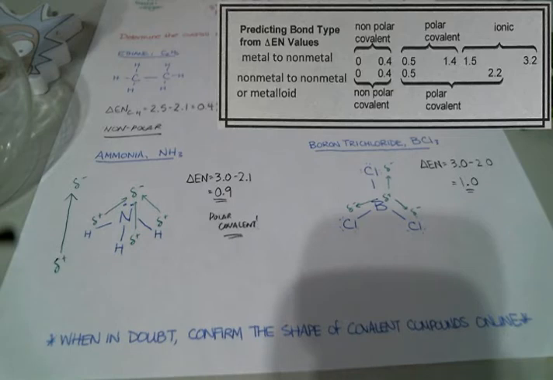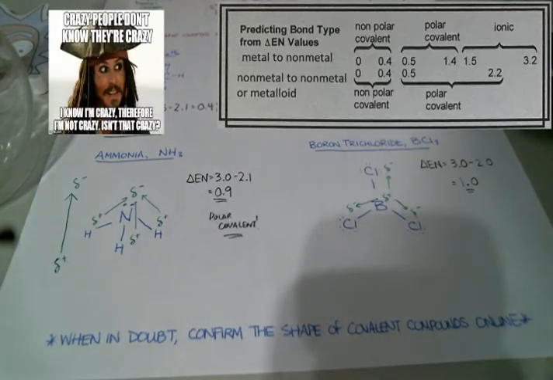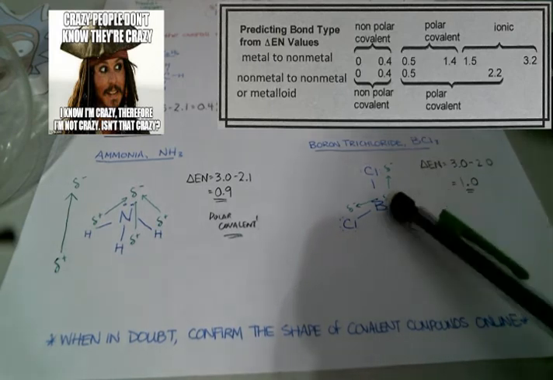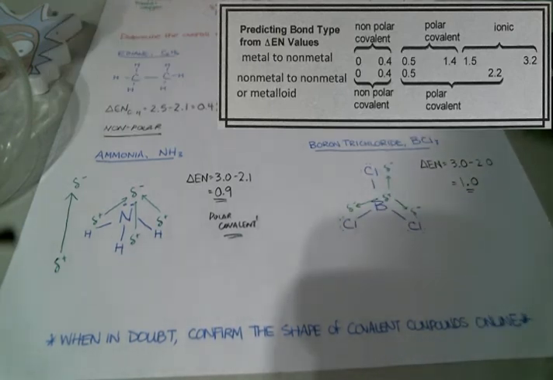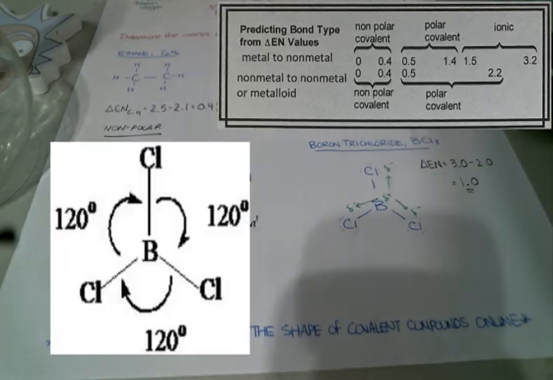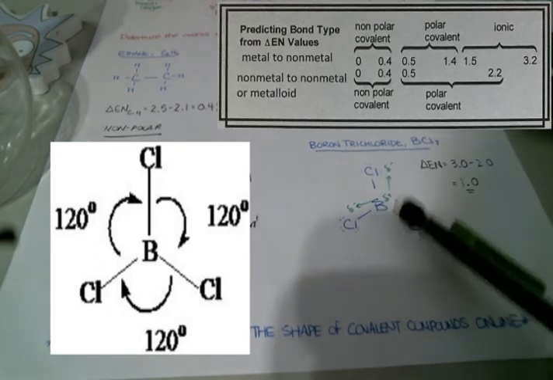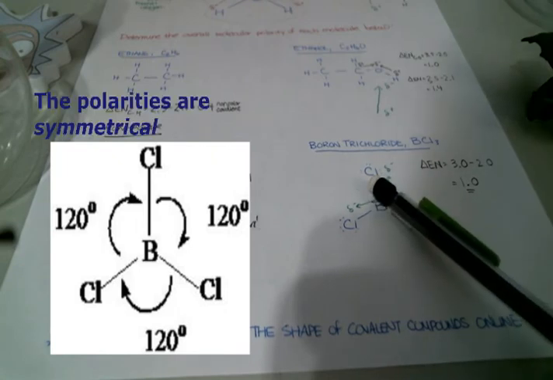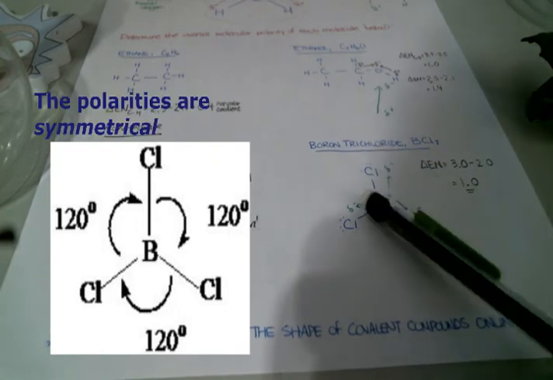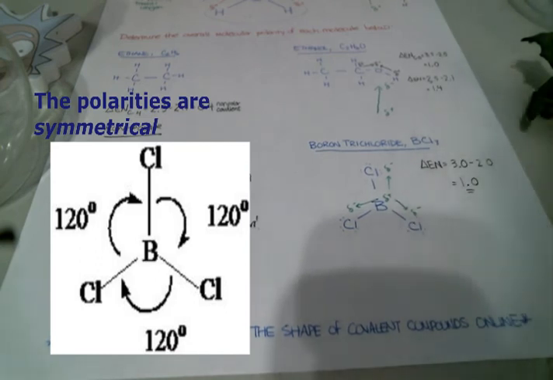Isn't that crazy? Boron trichloride is actually completely non-polar, even though there are three different instances of atoms pulling electrons away from that boron. The shape of this molecule is called trigonal planar. And what that means, it's a flat molecule, and it's exactly a 120-degree angle in between each of these bonds. So the three poles in the three different directions essentially cancel each other out, and you end up with a molecule that doesn't have any actual polarity.